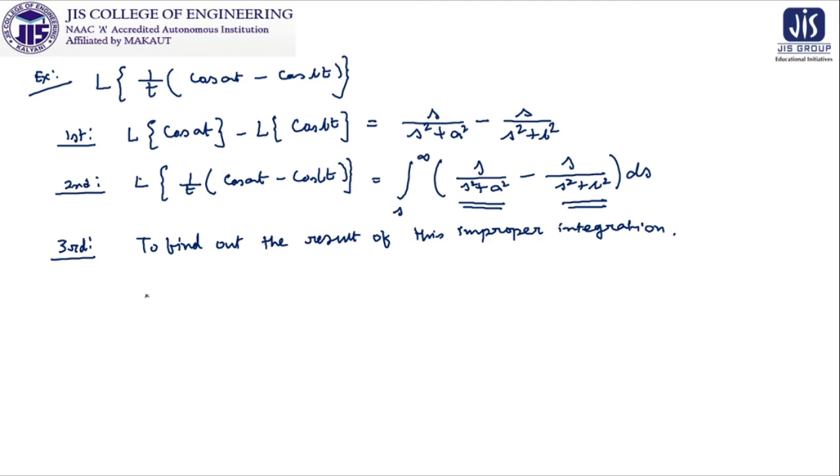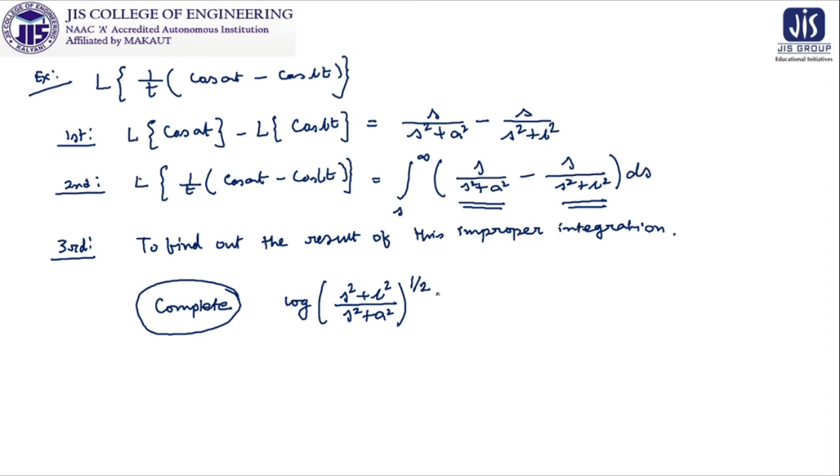And finally please complete this problem and you must check whether you are getting the result which is equivalent to log of a square plus b square by a square plus a square whole to the power half.